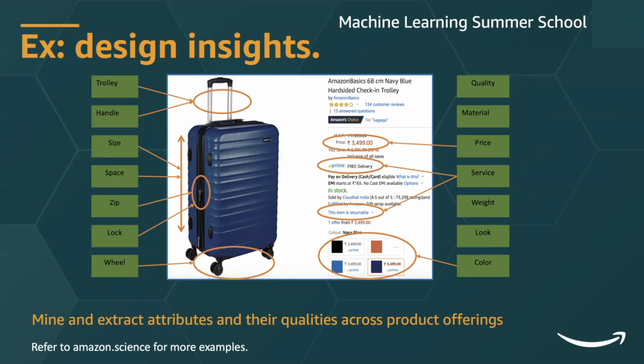And mining and extracting these attributes and other qualities of the products from unstructured raw text and making it readily available in the form of a question answer format is very important for customer experience. And this is again a good fit for machine learning models and systems.